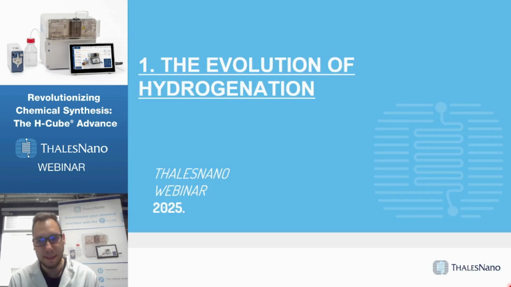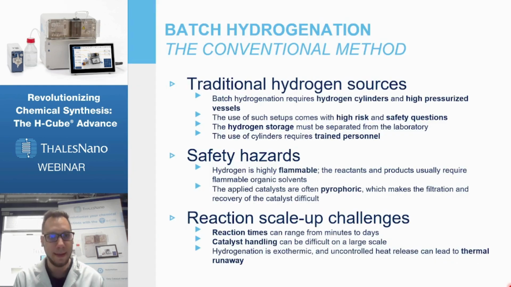So let's jump into the first chapter, which is going to be the historical overview of hydrogenations and especially continuous flow equipment. So let's start by discussing the batch hydrogenation protocols. So traditional batch hydrogenations, which is still done by many labs today, involves hydrogen cylinders and highly pressurized vessels.